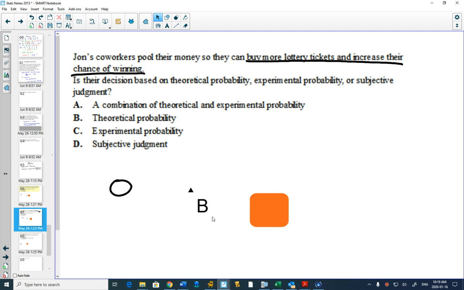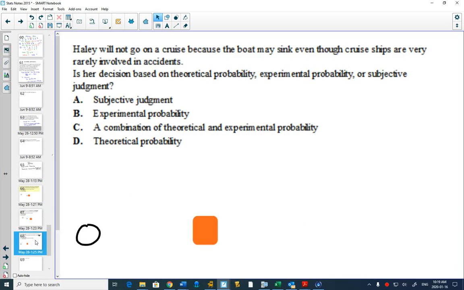More tickets have a better chance of winning as compared to one ticket. Does that make sense? If you do a draw out of a hat and you have 1 out of the 100 tickets, what are your chances of winning? 1 out of 100. But if you have 99 out of the 100, you're probably going to win. Unless that one person is very, very lucky.